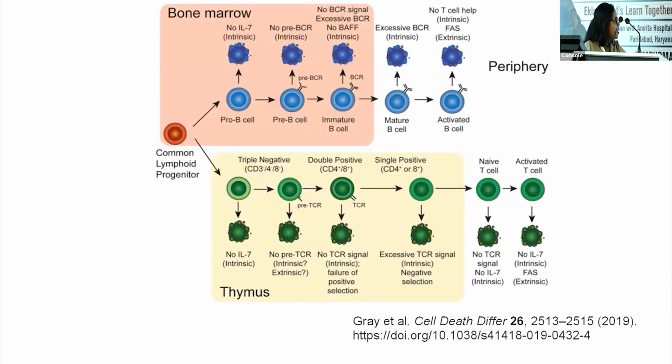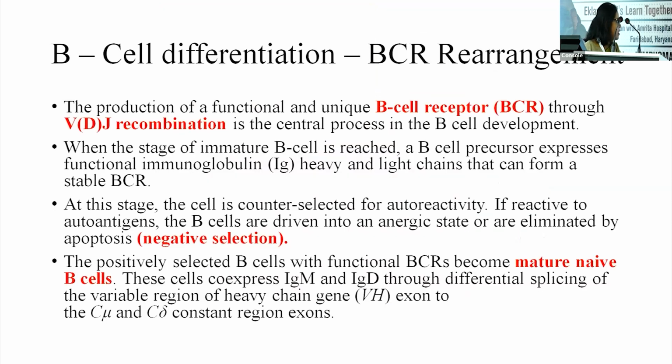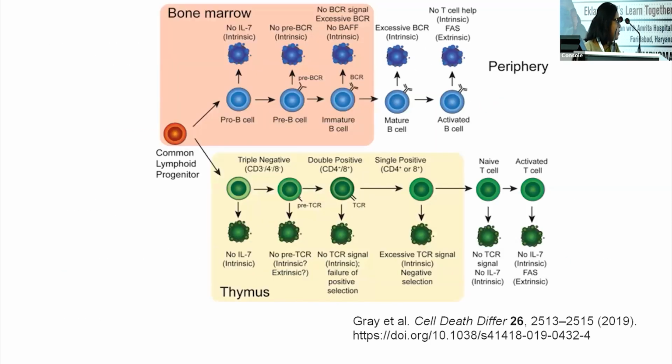This is a schematic diagram. Here we can see in the bone marrow CLPs, I think we are all aware of this term, the common lymphoid progenitor. This originates in the bone marrow, and further B cell differentiation takes place in the bone marrow, which is the primary lymphoid organ. For the T cells, the common lymphoid progenitors migrate to the thymus, and the further T cell differentiation takes place in the thymus. I'll be talking about them in detail one by one.